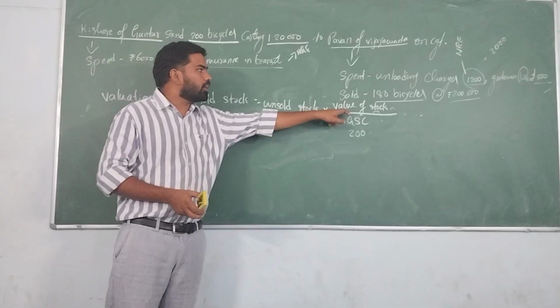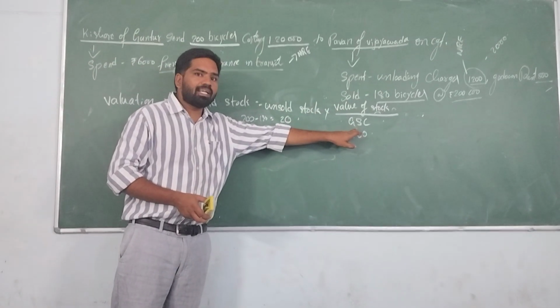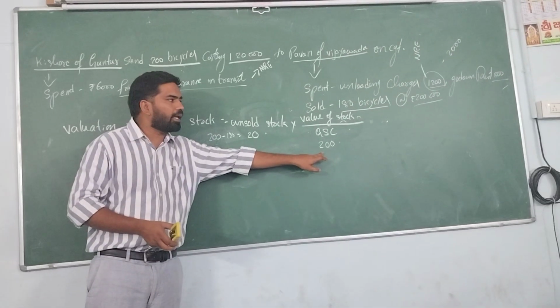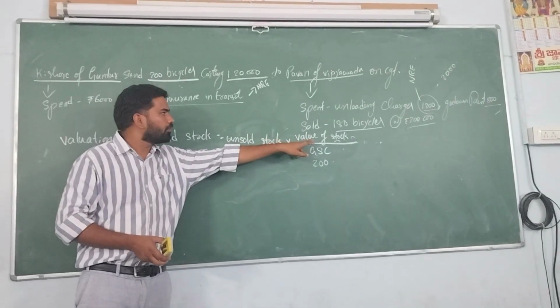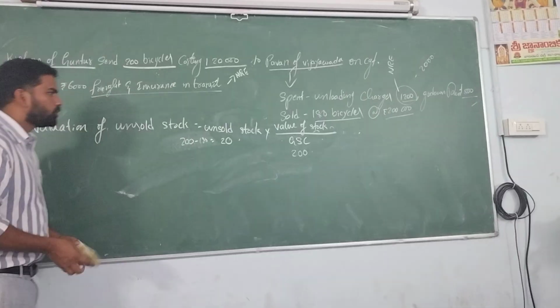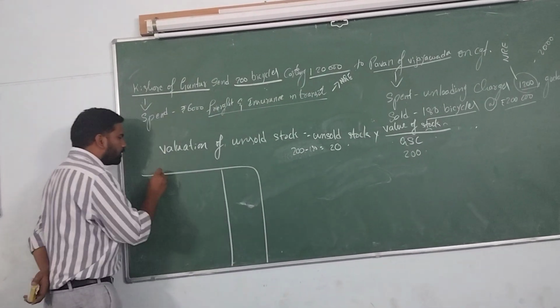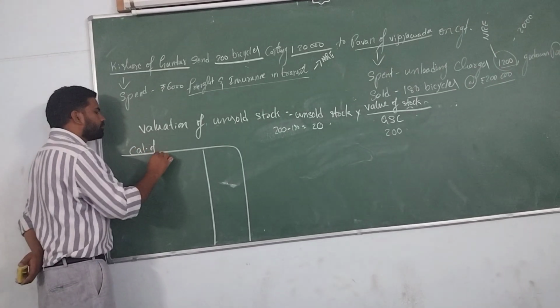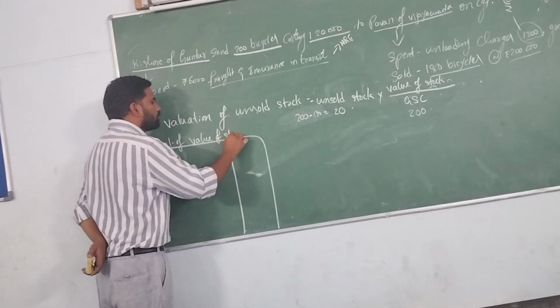Okay. So value of stock we have to find. Goods sent on consignment, how many bicycles sent totally? 200 bicycles. So what we have to find in the formula? The value of stock.